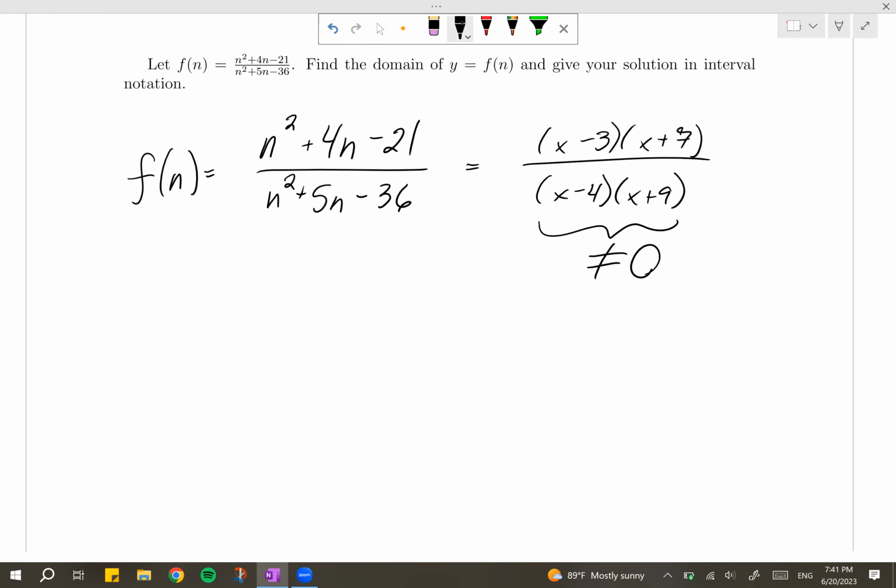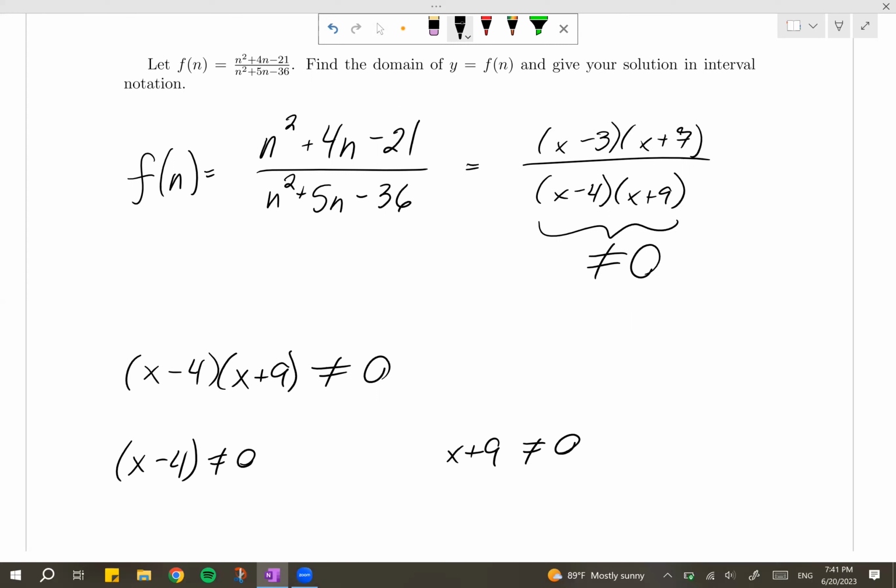That's the only condition that I have with fractions. So my x minus 4, x plus 9 cannot be equal to 0. That means that x minus 4 cannot be equal to 0, and x plus 9 cannot be equal to 0.